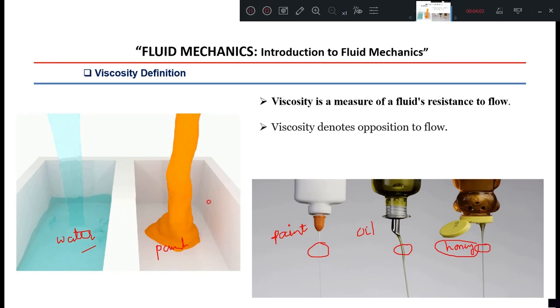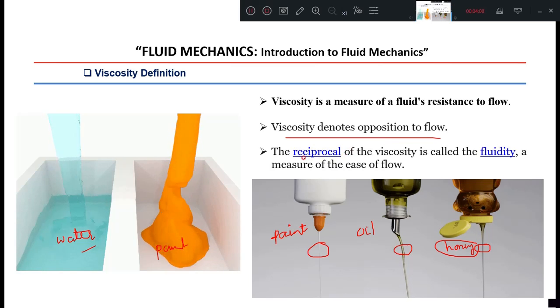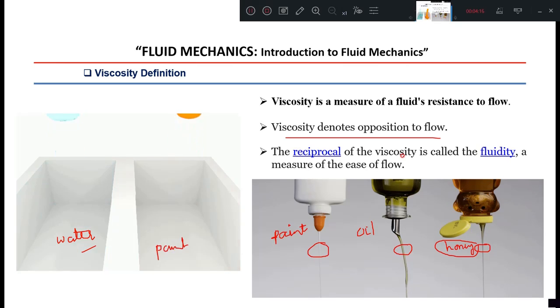So you can say the viscosity denotes the opposition to flow, and the reciprocal of the viscosity is called the fluidity. The reciprocal of viscosity is called the fluidity, that is a measure of the ease of flow. And even gases have a viscosity, although it is a little harder to notice in ordinary circumstances.